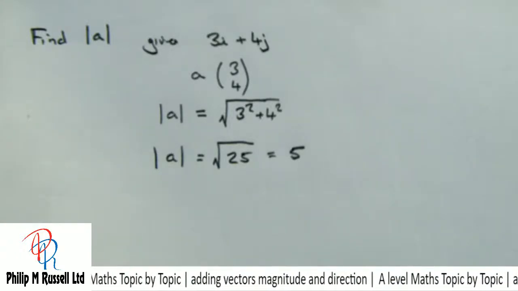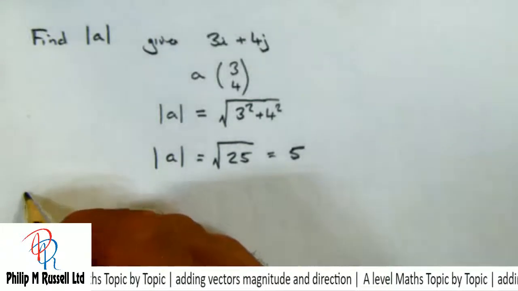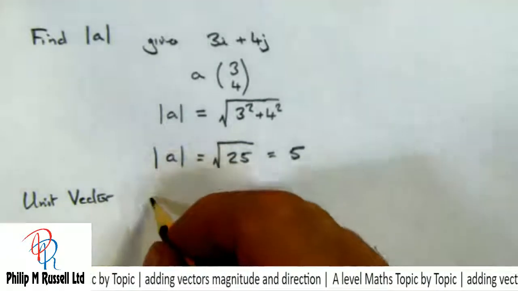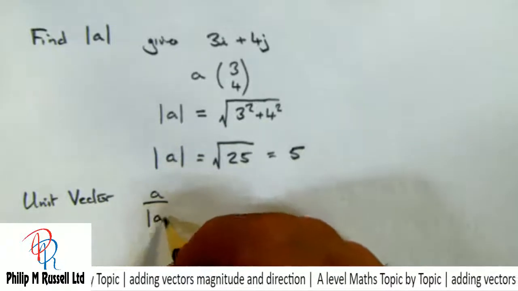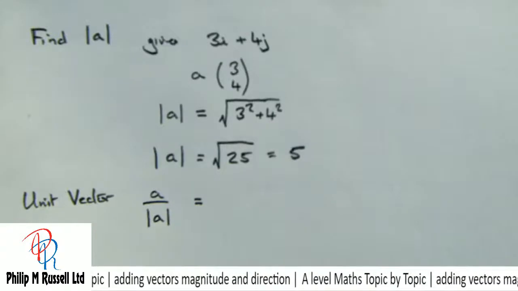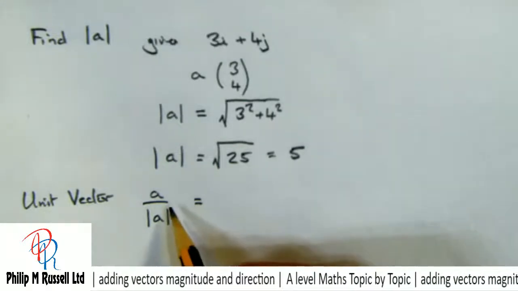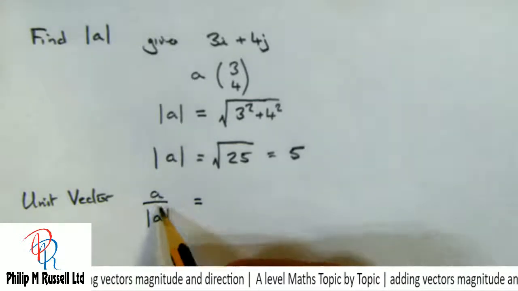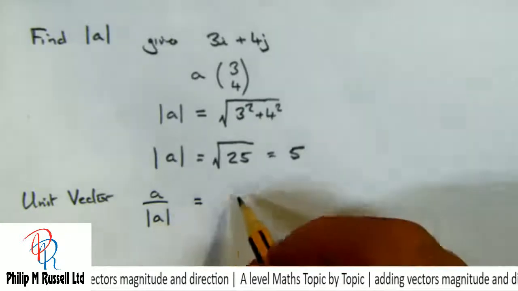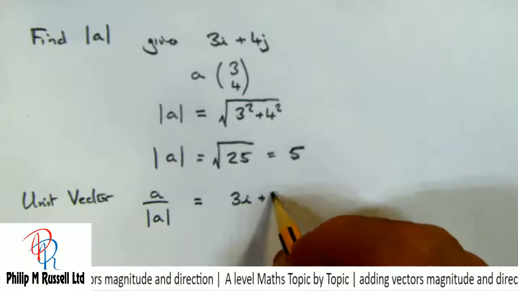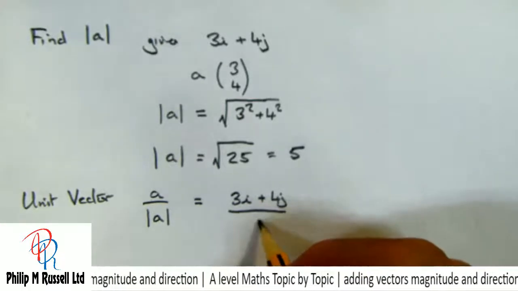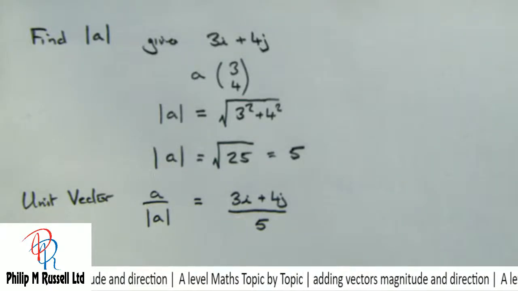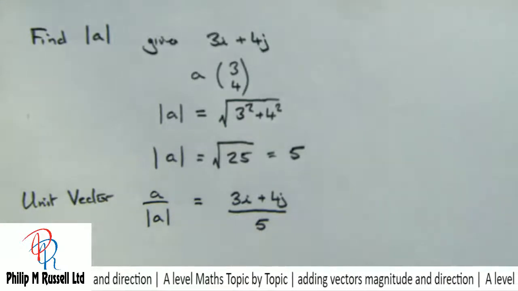Now, could I work out the unit vector? Yeah, our unit vector is going to be A over the magnitude, so we've got here 3i plus 4j all divided by 5. Let's rewrite that.